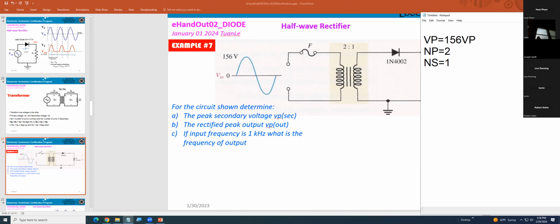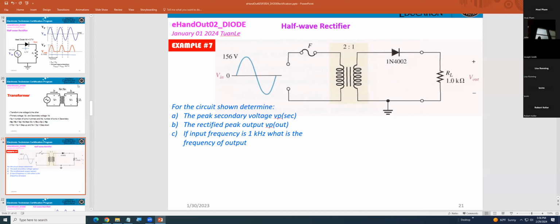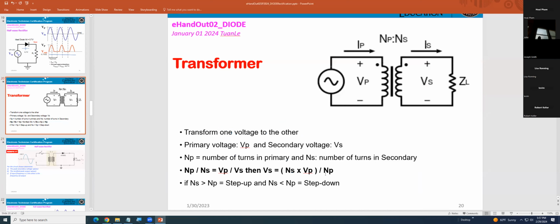So now you get the formula. This is the formula we add here.